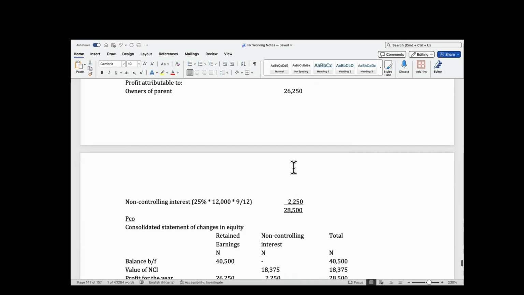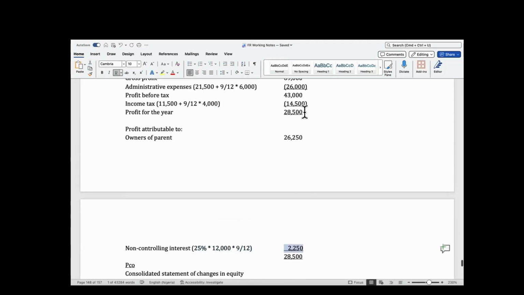Because there was no adjustment, we just move on. It gives us 2,250. If you take that away from this group profit, whatever the balance is, is the profit attributable to the parent. So it all still sums together to 28,500.